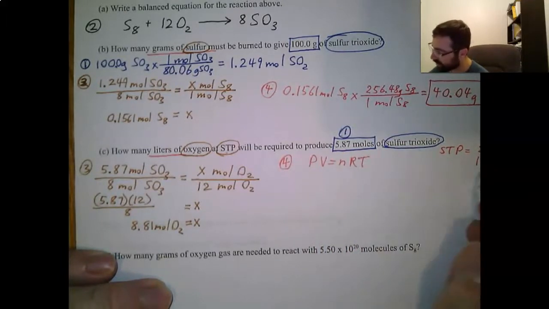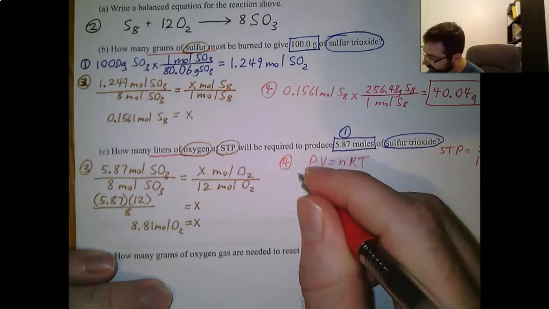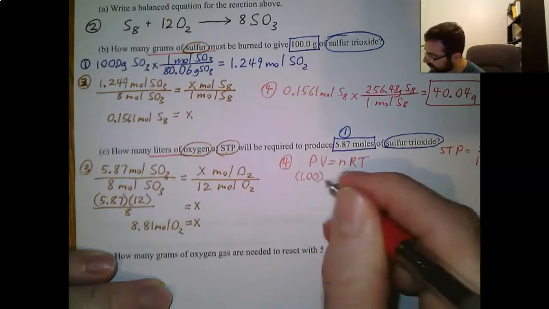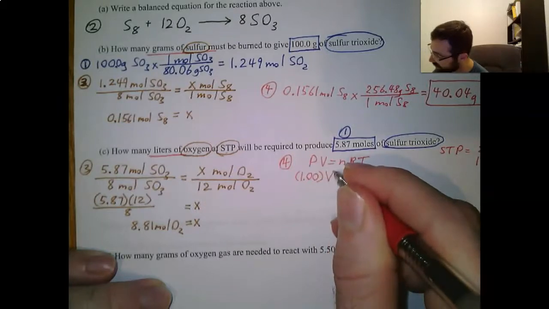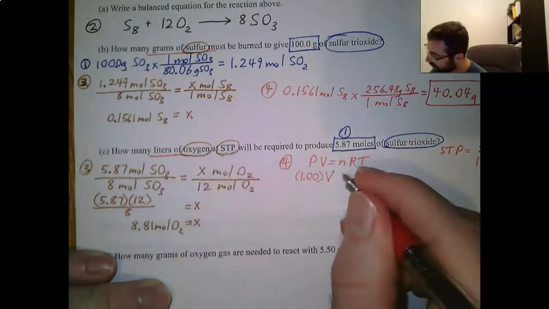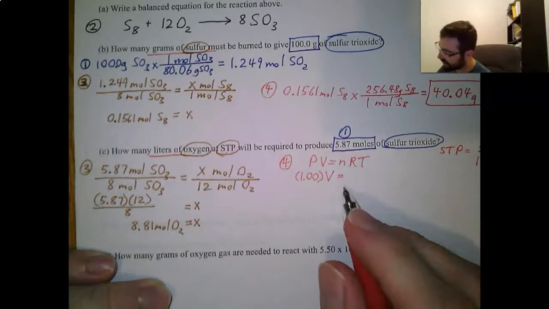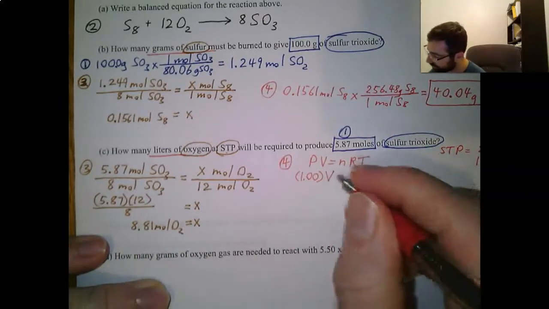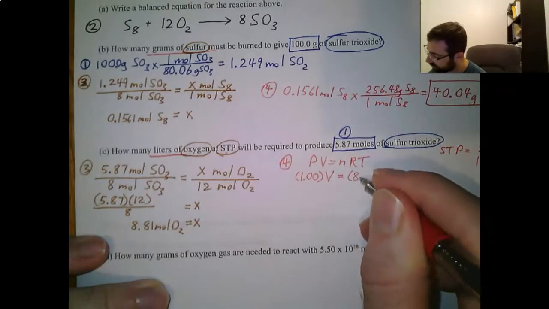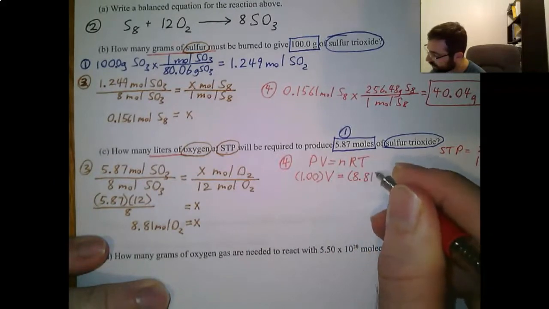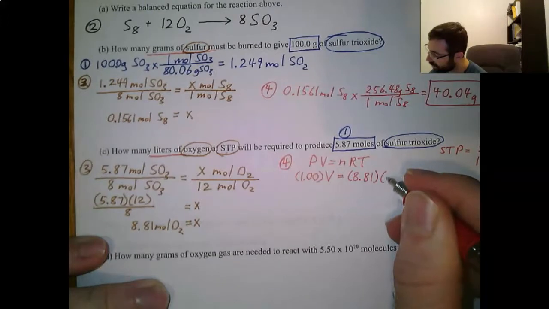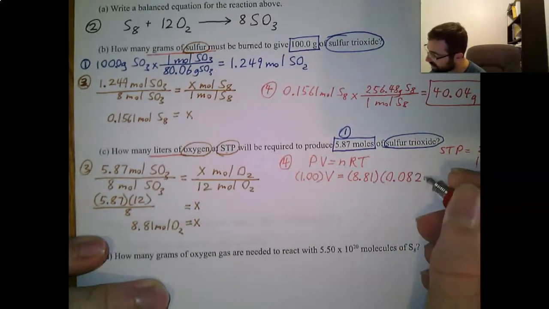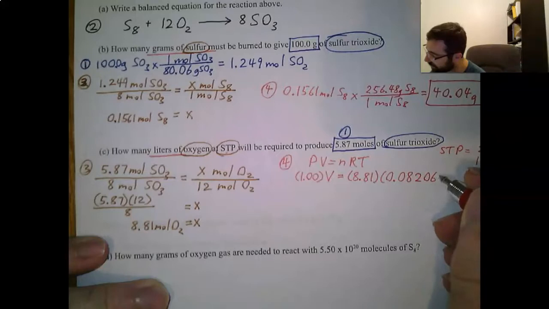I know my pressure, 1.00 atm. Then volume is unknown, that's what I'm looking for, equals, and then n, I just found n, it's 8.81. R is 0.0821, or 0.08206 to be a little more exact.